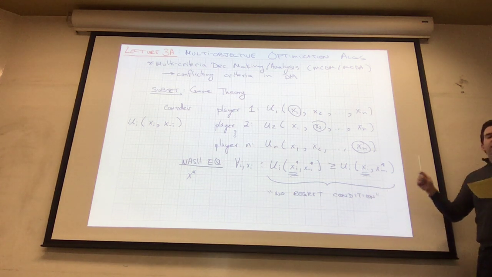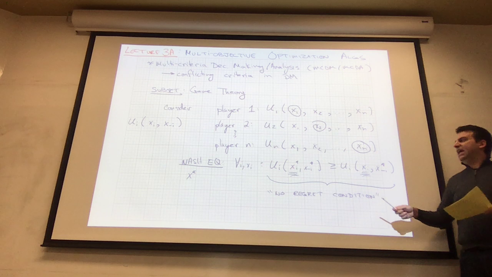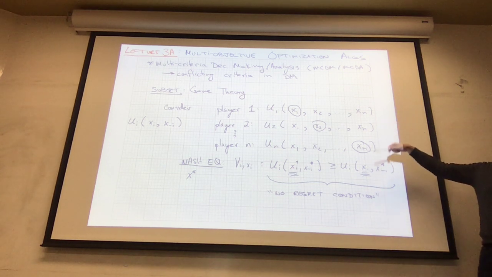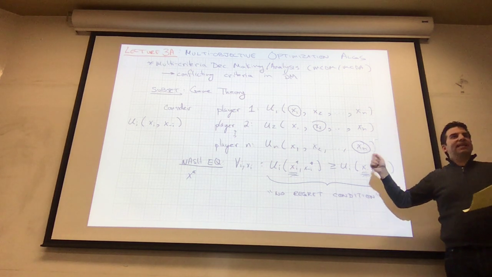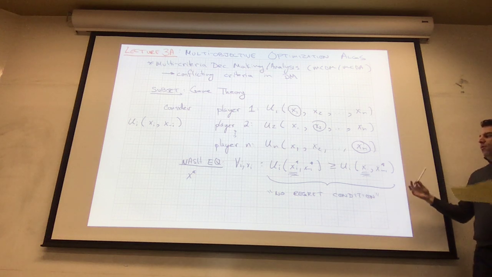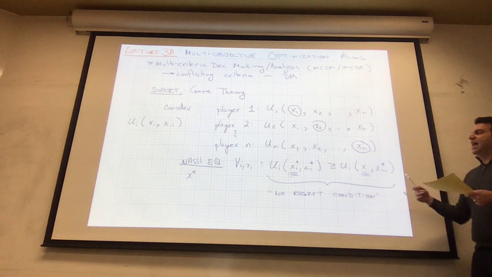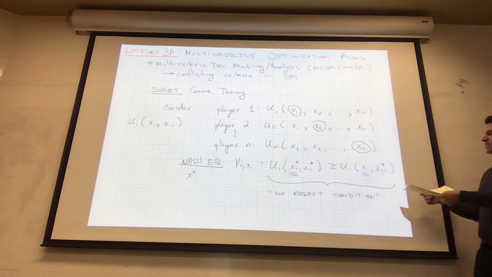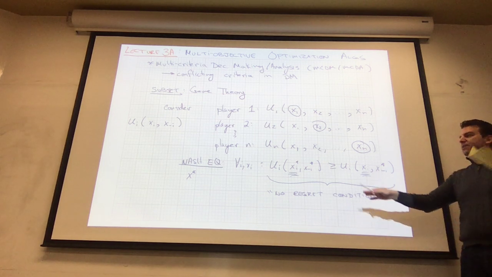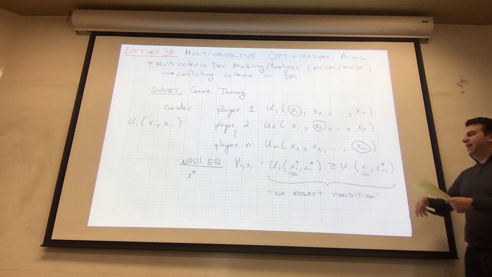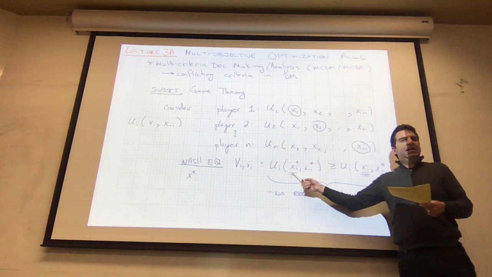This doesn't mean it's going to be best for everybody. It could be that if these players got together, they could all agree on certain plays that would benefit them all more than the Nash would. But given that they can't coordinate, this is saying that, given that everyone else is going to do what they're going to do, I am going to be happy enough staying here.